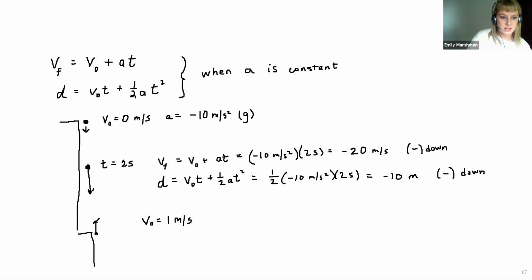Now, there is a period of time here while the object is moving upward where your final velocity, if you were to solve for it, would be positive because it would still be moving upward. Okay. If you wanted to know the time it takes for the object to reach its maximum height above the top of the building, at its peak, at its maximum height, the velocity of the object is zero.